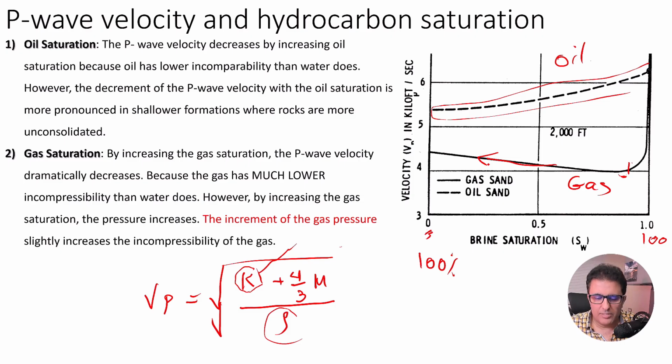So for example, if you remember from my lecture about how the density log works, it's not that inaccurate for oil-saturated formation, the same for neutron porosity. But as you see, when we deal with the sonic log, we have to make sure of the fluid type, whether it is oil or gas, and that makes the process of calculating porosity from sonic data more challenging.